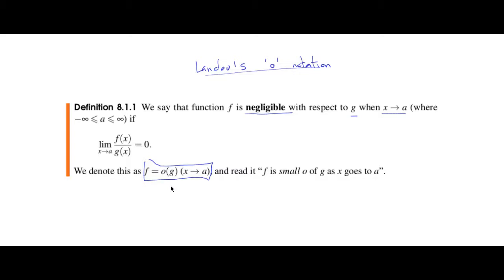So if you think about the limit when x goes to 0, a function f that, for instance, goes to 0 much faster than function g will be small o of g, okay? But we'll see some examples later, right?